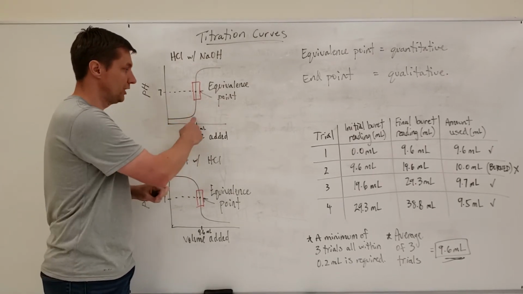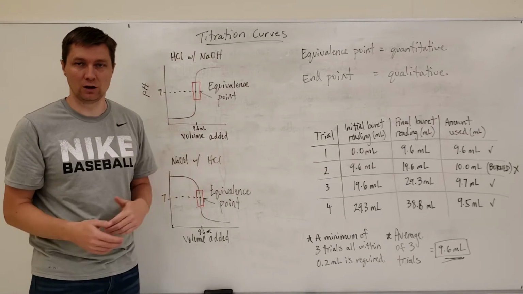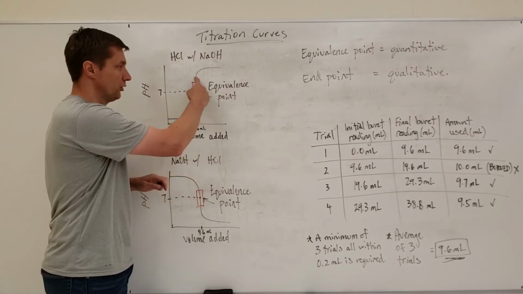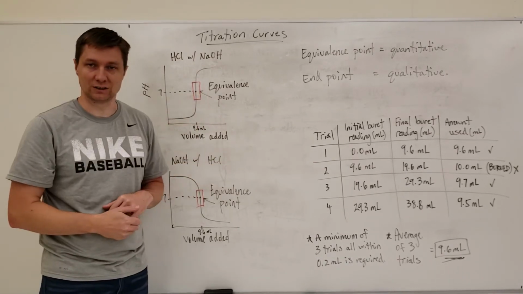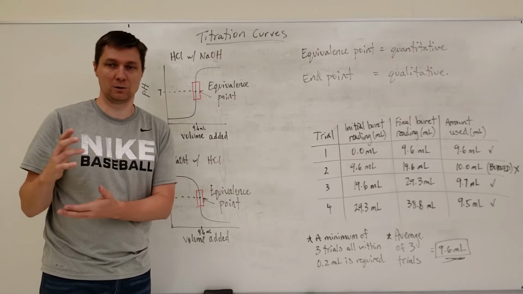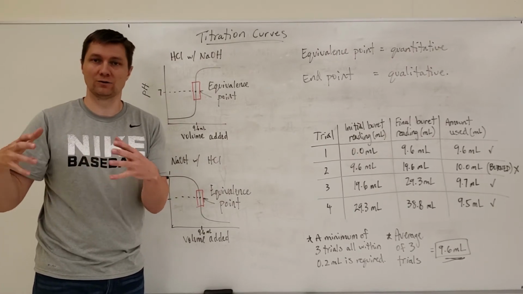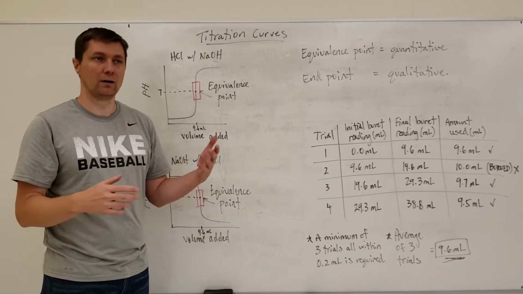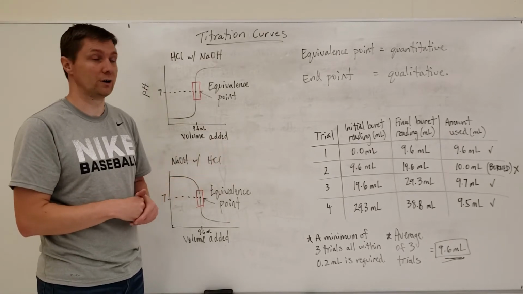If the color changes at pH 2, that's not going to be a good indicator to pick, because you're going to want to know when you've reached pH 7. So to pick an indicator that has a pH range around 7 is going to be a lot better and more helpful for you when you're doing your titration.